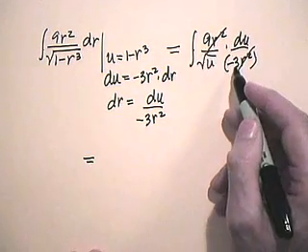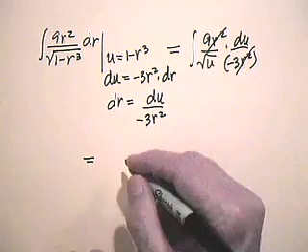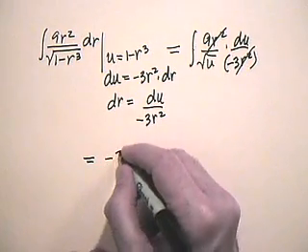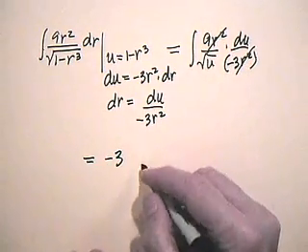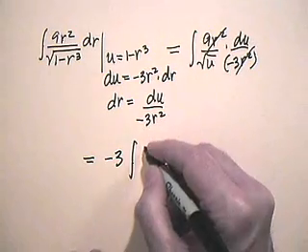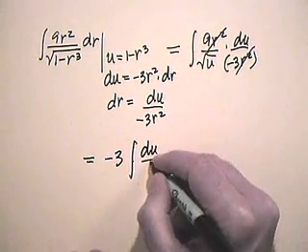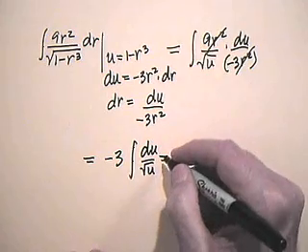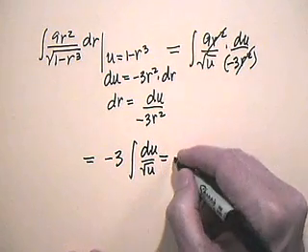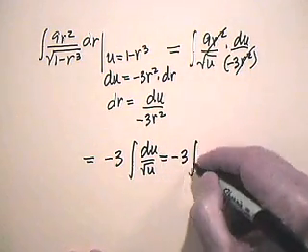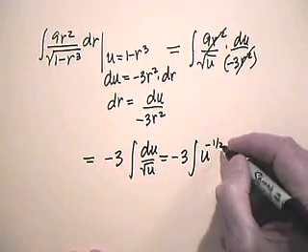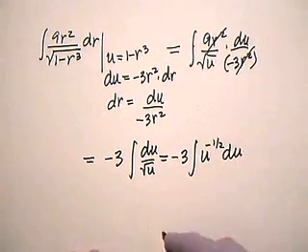Well, 9 divided by negative 3 is negative 3, so we have negative 3, which being a constant can come out. Negative 3 times the indefinite integral du over square root u, which we could also write as negative 3 integral u to the negative 1/2 du.